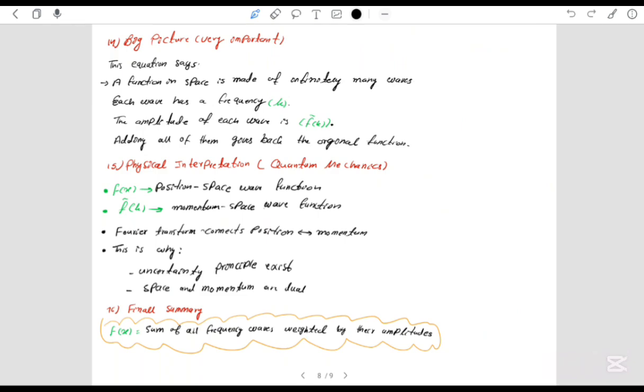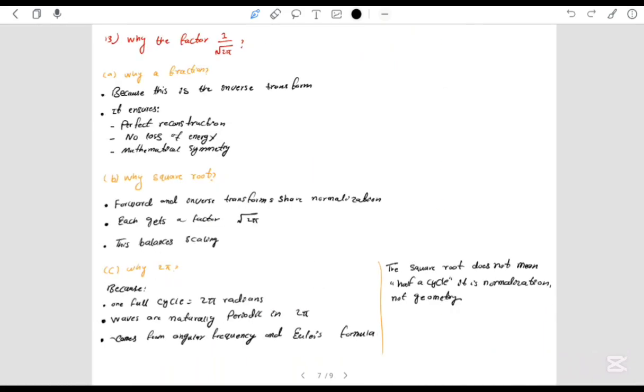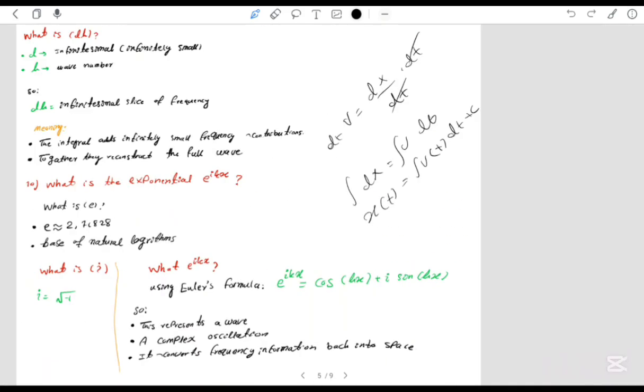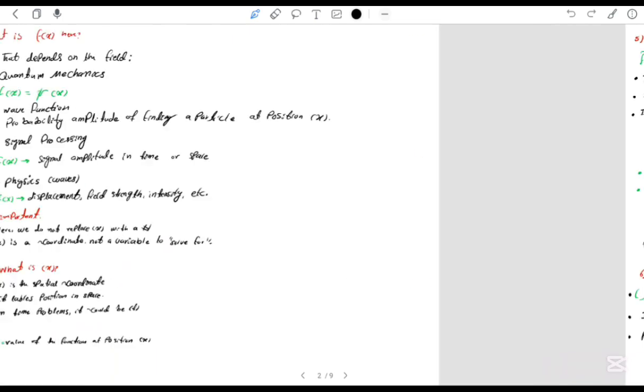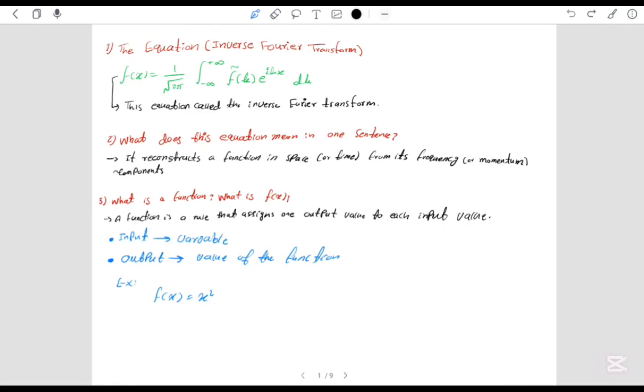In this lesson, I have introduced everything about the formula, the Fourier inverse transform, and I hope you understood something from what I explained.